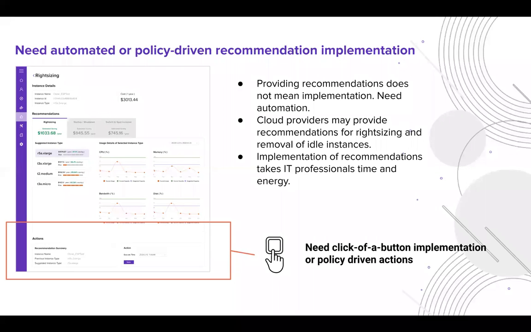Like I said, the cloud providers do not provide you with the automation that you need, and with us, you have a click-of-a-button implementation, or you can have a policy that tells us, for all of the unattached volumes, delete all of them and whatnot. So all of these will save IT professionals time and energy, and again, your OpEx will be so much lower if you have automation.